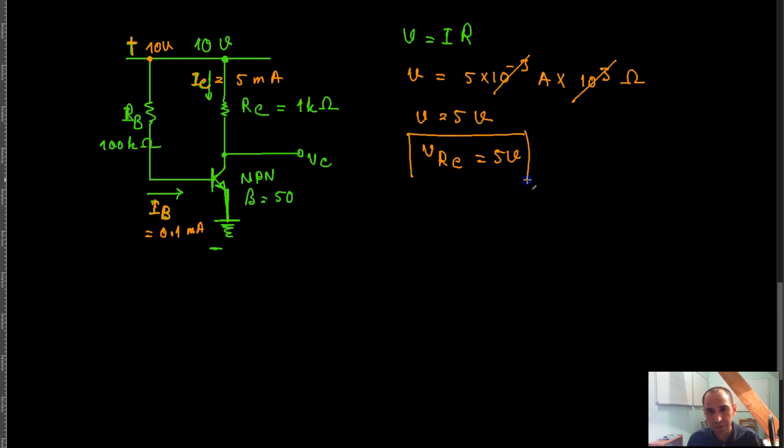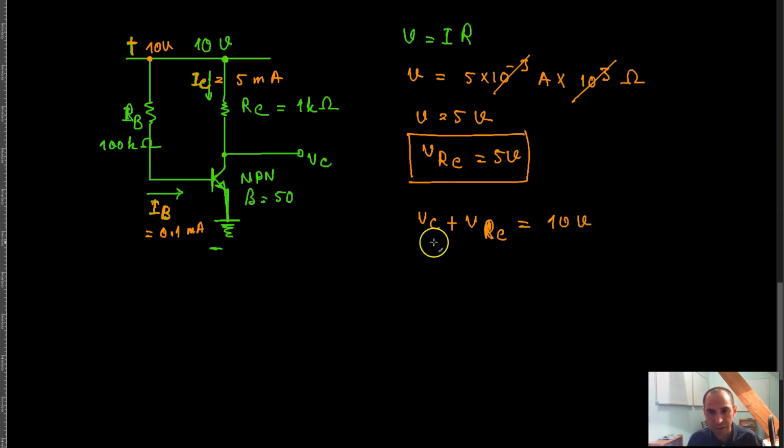And of course, since this is a series circuit, meaning that this resistor is connected in series with the collector emitter junction of the transistor, you can say that V of C E plus V of R of C is equal to the supply voltage, 10 volts.